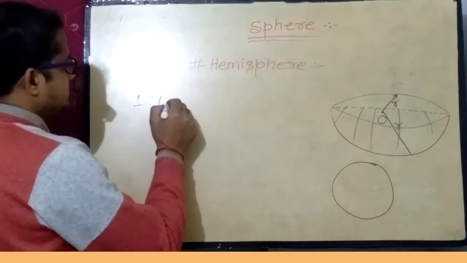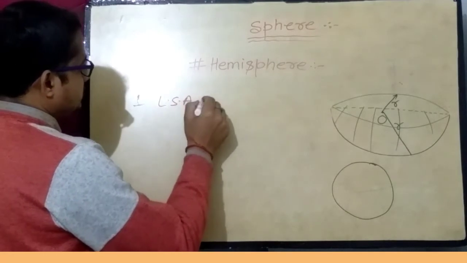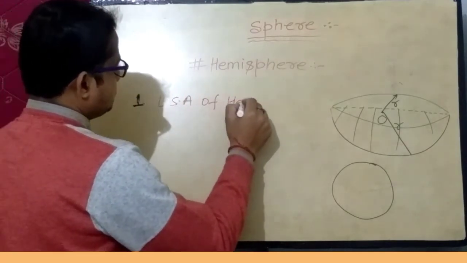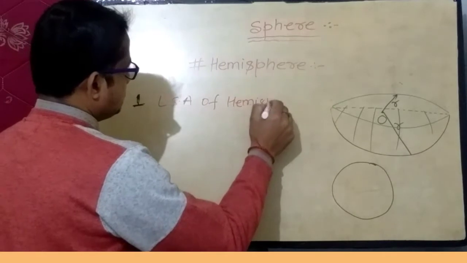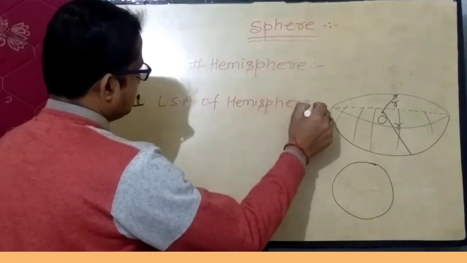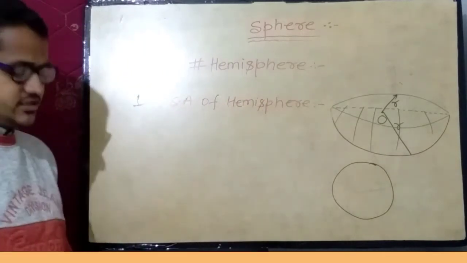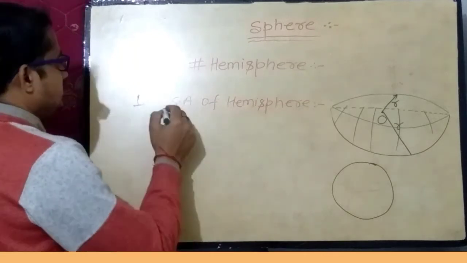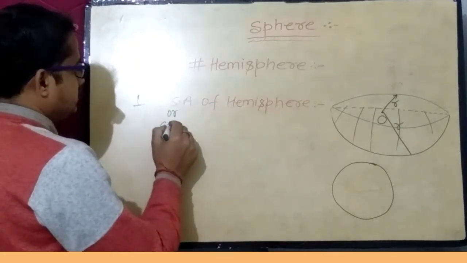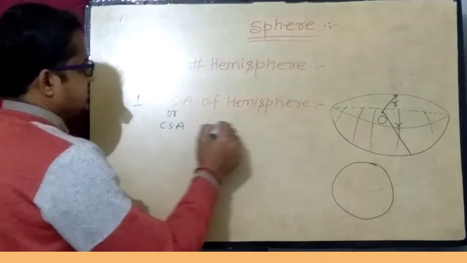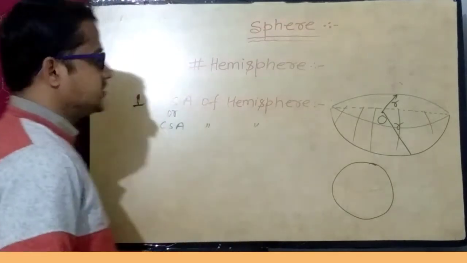Next is lateral surface area of hemisphere, or curved surface area of hemisphere.